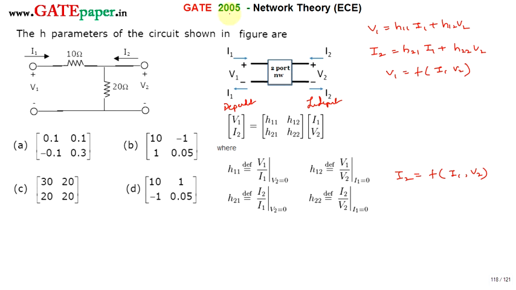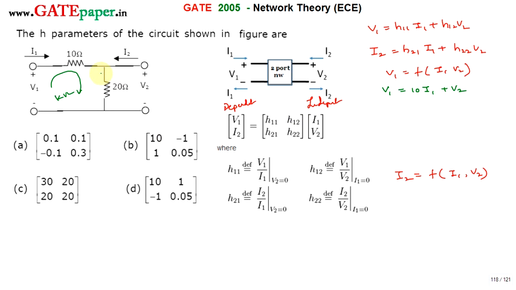We will see how to write this. First, we write V1 in terms of I1 and V2, so apply KVL. KVL gives V1 equal to 10 times I1 plus V2.